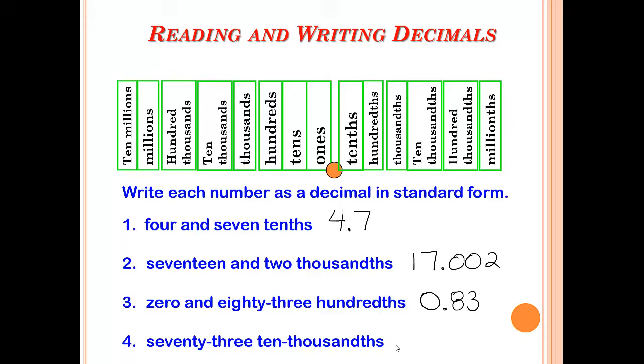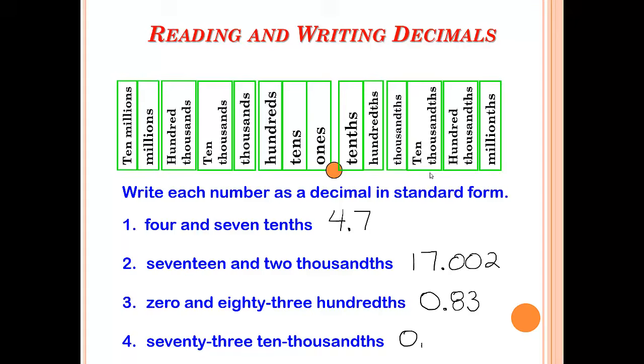And now for number 4, we have 73 10,000ths. You'll notice that we do not have an "and" on this one. This is the same thing as saying 0 and 73 10,000ths. So we're going to have our 0 and then our decimal point, and now we need to do 73 10,000ths. The 10,000ths would be 1, 2, 3, 4 digits to the right of our decimal point.